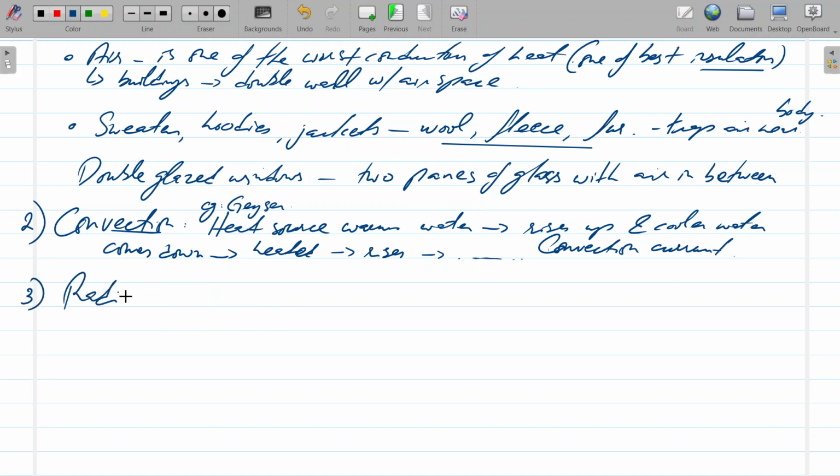Radiation, and an application is a temperature gun, and I'm sure you've seen this during the COVID era.